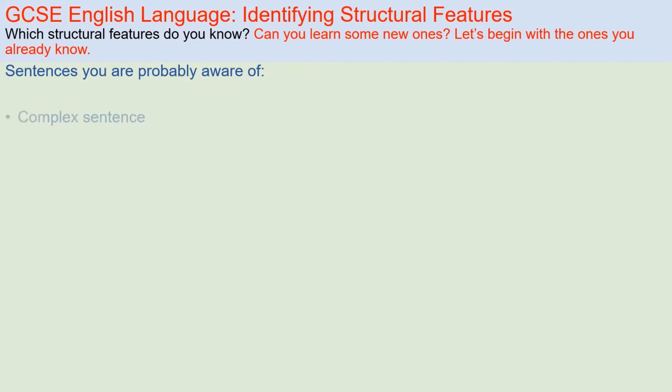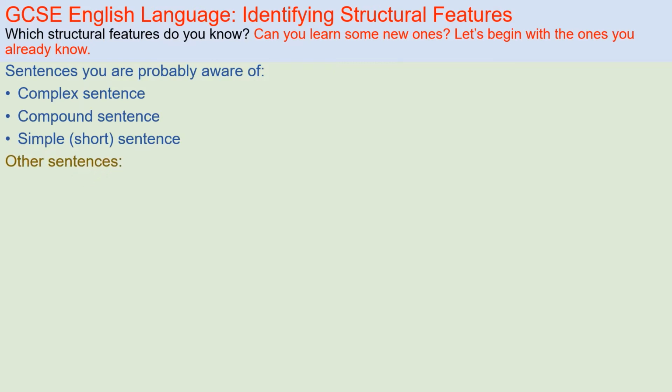I'm sure right now you are aware of a complex sentence, a compound sentence, a simple or what some of you might consider short sentence. If you do, that's very good. If you've forgotten, I suggest that you check what they mean to make sure you understand it.